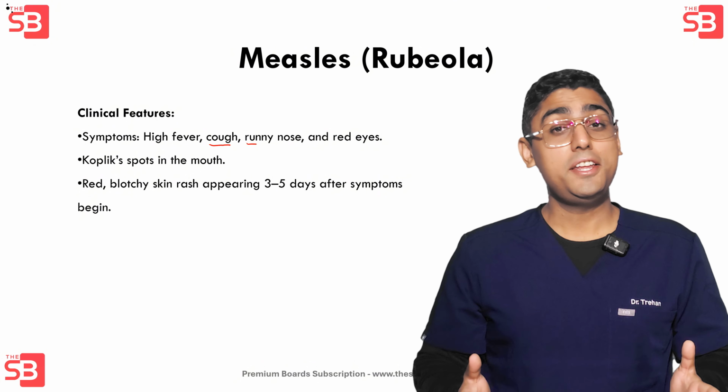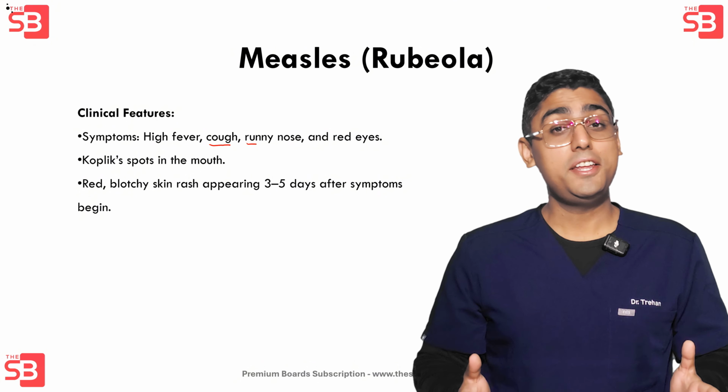Now, as dentists, it's important for you to recognize the oral signs of measles because these can be key for early diagnosis. And the hallmark feature is going to be your Koplik spots. These are small, white, bluish spots with a red halo, which is often described as looking like tiny grains of sand on the buccal mucosa, typically appearing near the molars. Now, Koplik spots may also appear on other parts of the oral mucosa, such as inner lips and the throat.